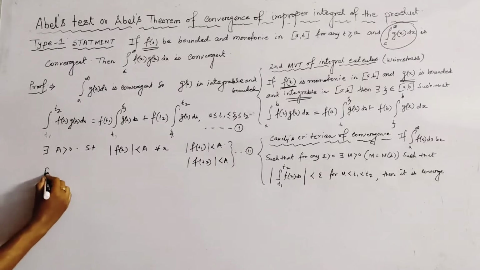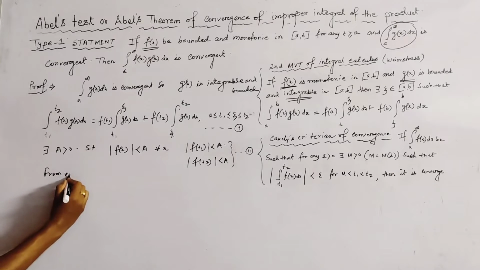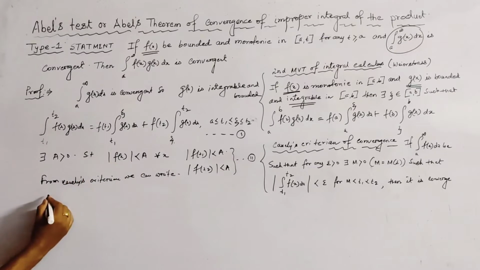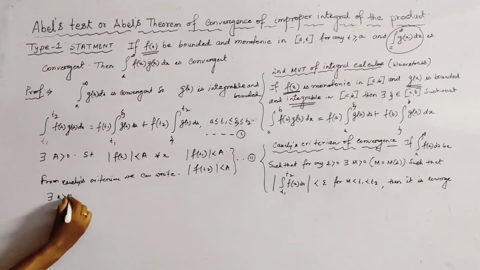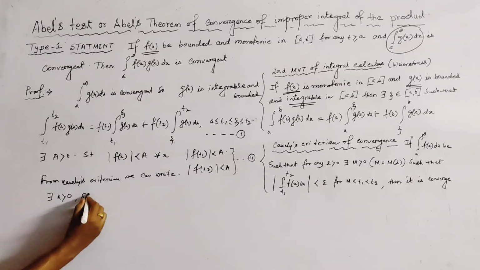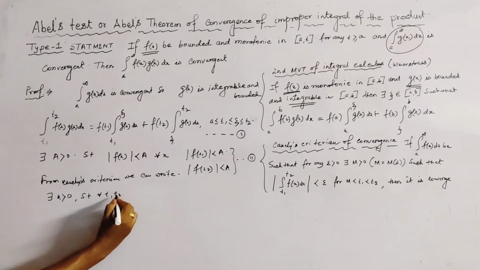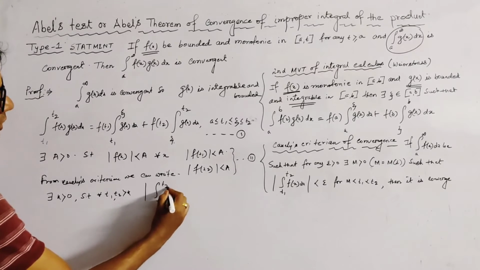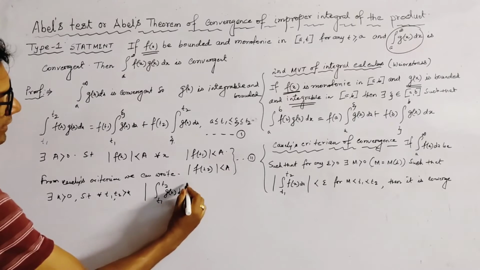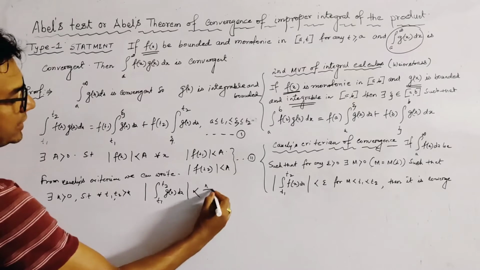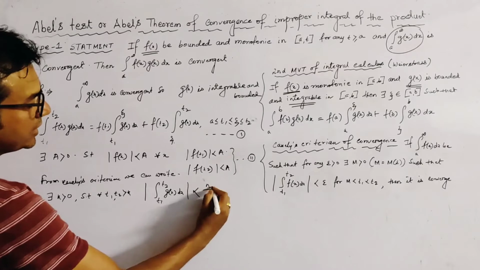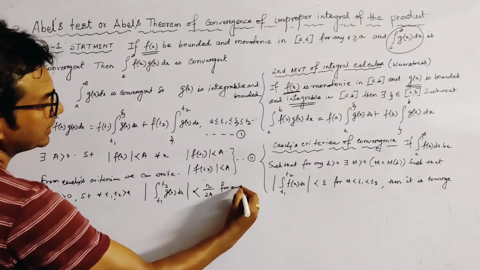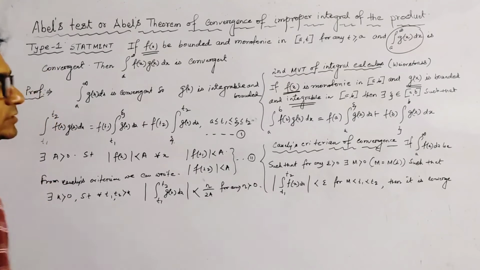By using Cauchy's criterion, we can write there exists k, a positive number greater than 0, such that for all t1, t2 greater than k, mod of the integration t1 to t2 of g(x) dx is less than eta by 2A, for any arbitrary eta greater than 0.